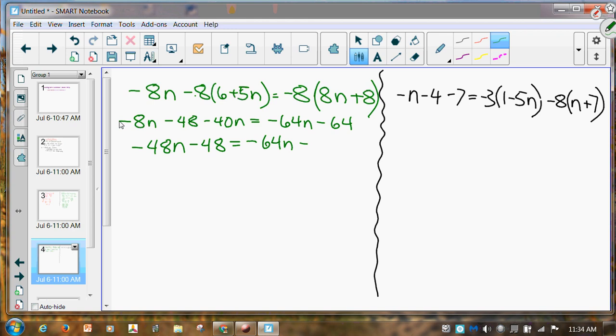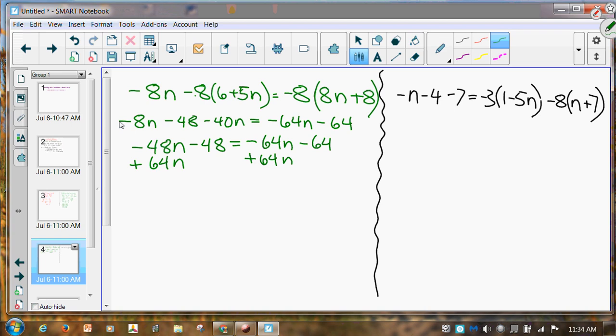minus 64. Okay, so again, let's collect the variable terms on the left, and we'll collect the numbers on the right. To get rid of the variable term on the right, we're going to add 64n. So we have to add 64n over here.